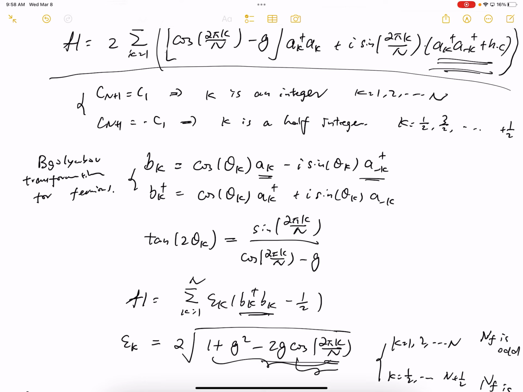If the spin is pointing up, then it's a fermion. But because the Bogoliubov fermion is a combination of these, even if it's a vacuum for the Bogoliubov fermion, it's not necessarily a vacuum for the real fermion, which means the spins are not necessarily all pointing down. Some spins can be pointing up, some spins can be pointing down. That will correspond to a finite number of excitations in the fermionic picture, just because you have both the particles and the holes.